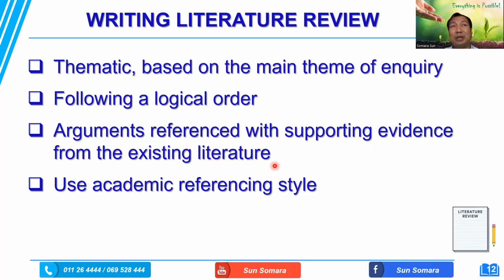Sometimes in a literature review, it does not mean just listing down the ideas. Sometimes you need to follow argumentative essay writing, where we compare and contrast ideas. Author A says something like this.